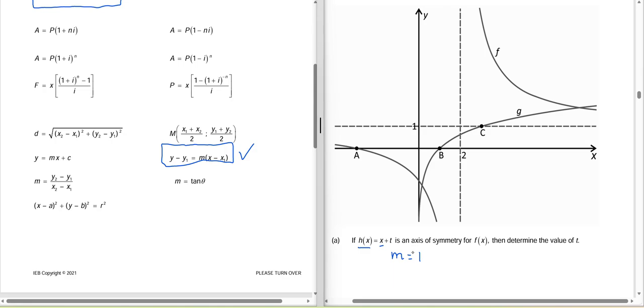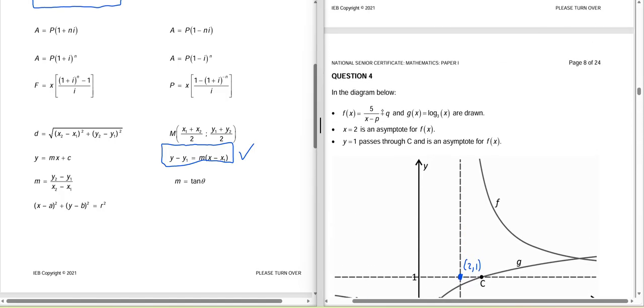And now, we need a point where this axis of symmetry is going to pass. So the axis of symmetry is going to pass this point that we call 2, 1. It's going to pass at the intersection of the vertical and that point. Because let me just show you.